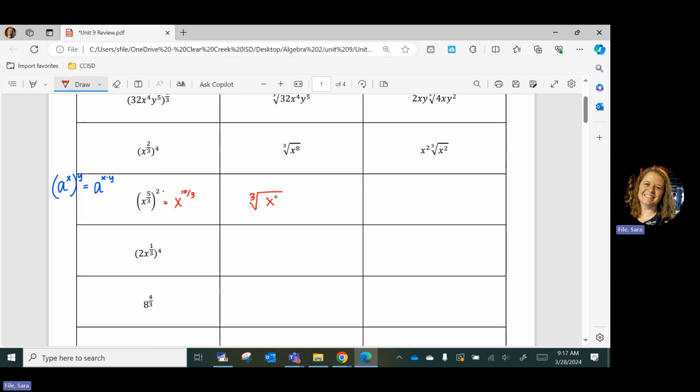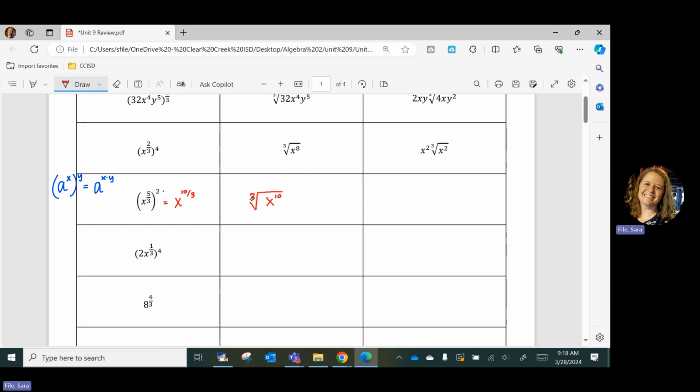When I'm taking the cube root, I'm looking for triples of something. x to the 10th power means there's actually 10 x's, x times x times x, 10 times.